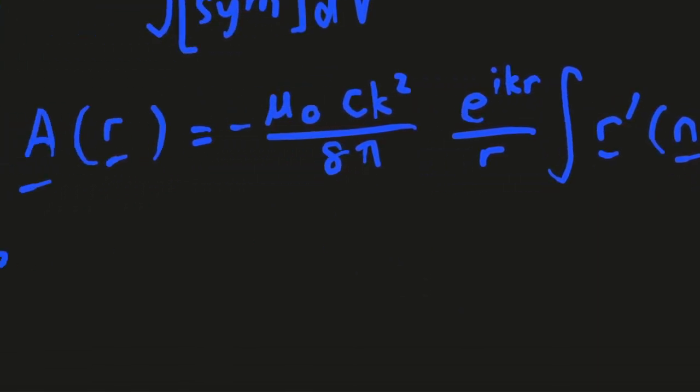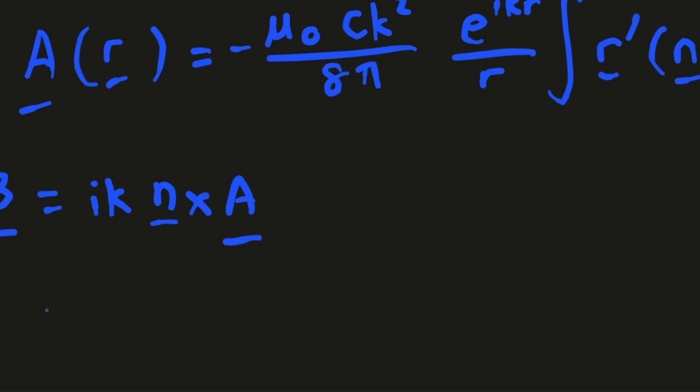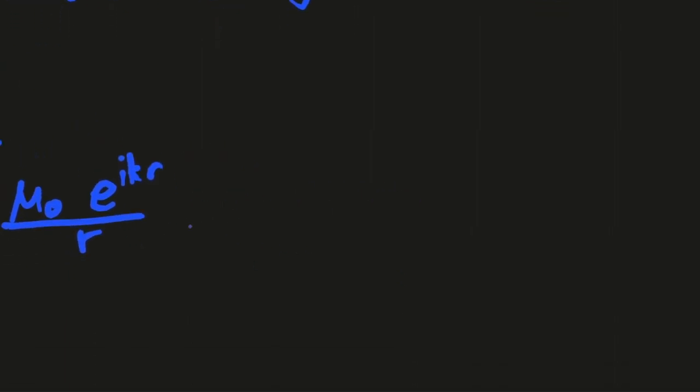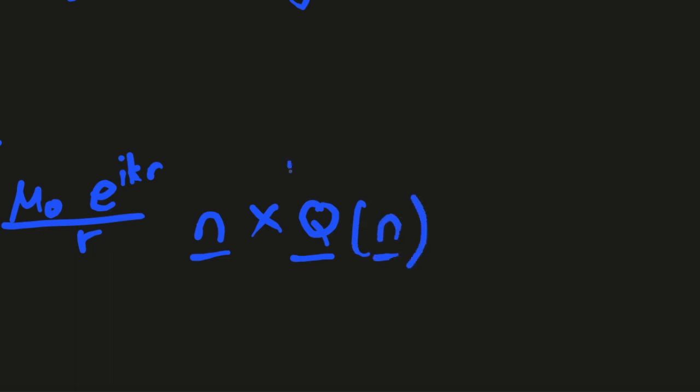Now, the magnetic field is n cross A, and this is also equal to i c k cubed of... now this term is actually a quadrupole, an electric quadrupole term.